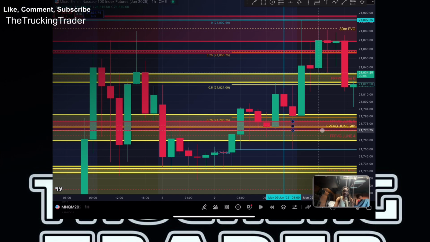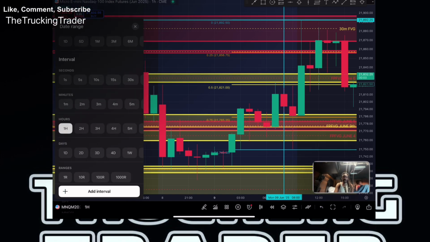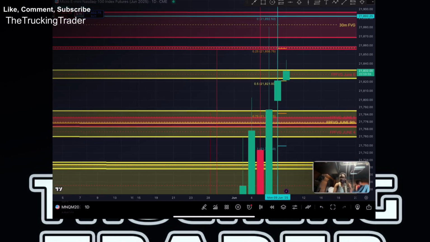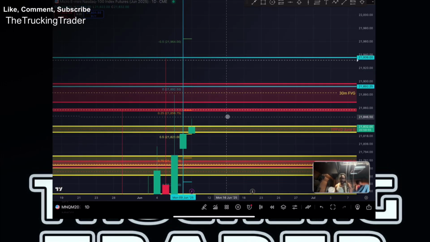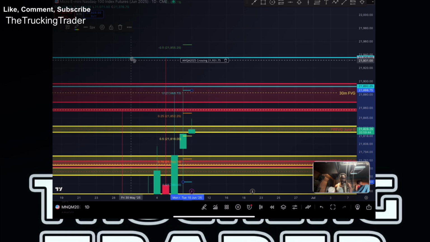So for liquidity, we have to go to the daily for y'all to see the liquidity that I was looking at. I was looking at these 2 previous days' highs, right? Let's just delete this line for now.